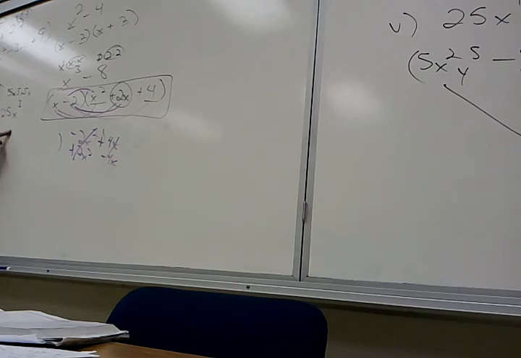How do I know I'm on the right track so far? What power do I get here? 6. So I know I'm on the right track here, right? Yes. What goes at the end? 25x squared. So again, I know I'm on the right track. I get my x cubed and I get my 125.